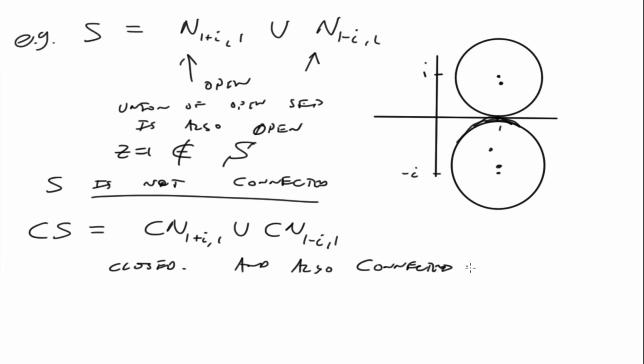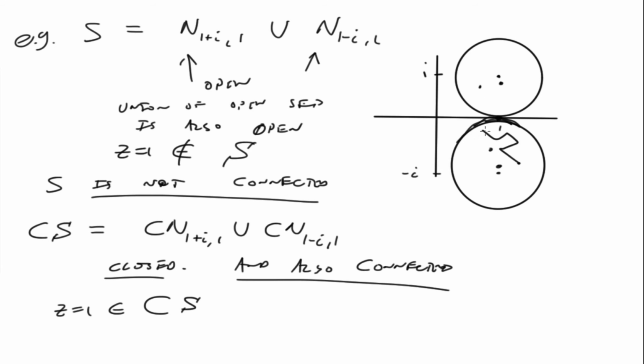In this particular example, the closure of this set makes it connected. That's not always true, that if you close a set it makes it connected, but in this case z equals 1 is now included in CS, this new set. And then any 2 points here, if I have a point here and here, I can always find a line segment, as long as it passes right through the point z equals 1, I can get from there to there. I can always find a way to connect 2 points to each other. So there's another example of how this works.